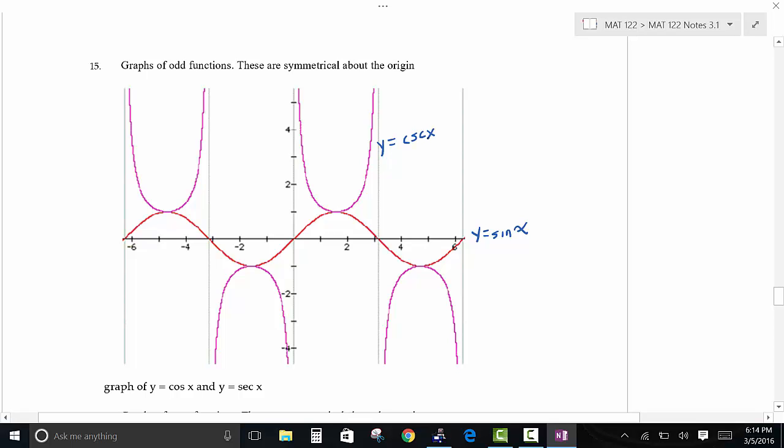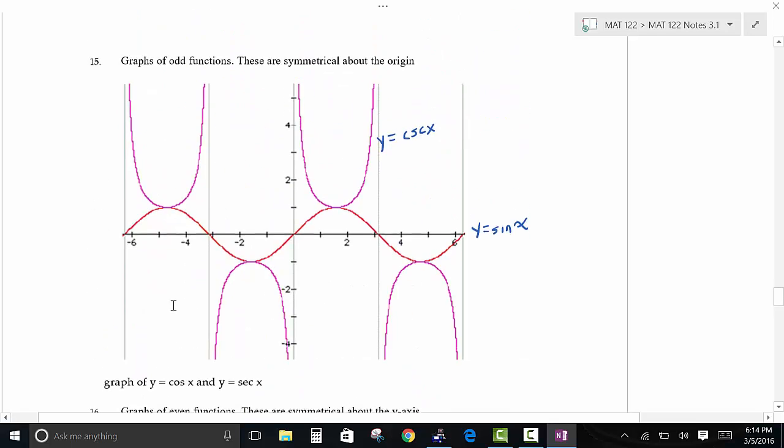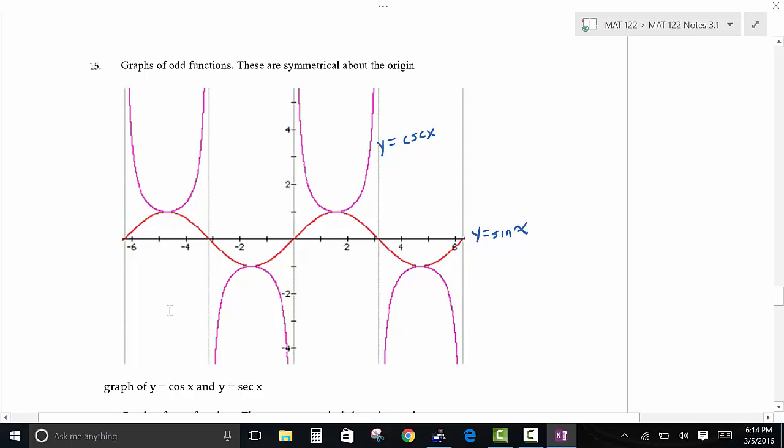And what I want you to notice is these are odd functions. So this is the graph of the sine and cosecant. So notice that they are symmetric about the origin. For instance, this point right here probably represents the point pi over 2, 1.